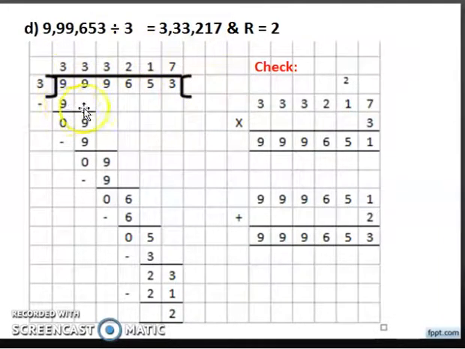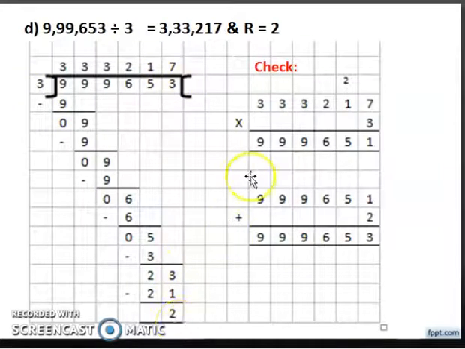So 3 3s are 9. Three times will come. Ultimately, I have here copy down 6. So 3 2s are 6. 0 remainder, copy down 5. 3 1s are 3. Remainder 2. Remember, this remainder which I receive here after subtraction should always be less than my divisor. Copy down 3 and 3 7s are 21.